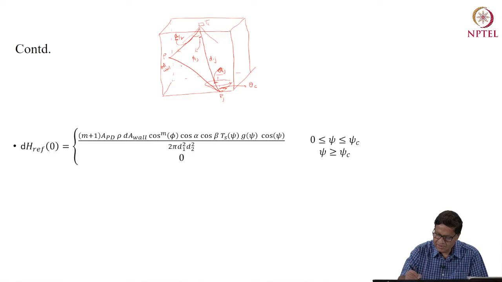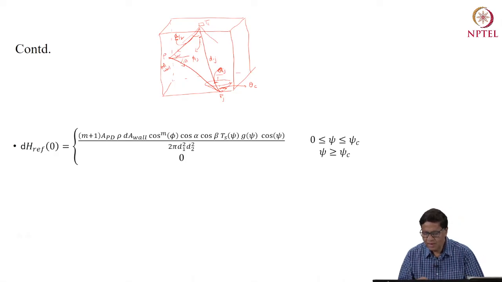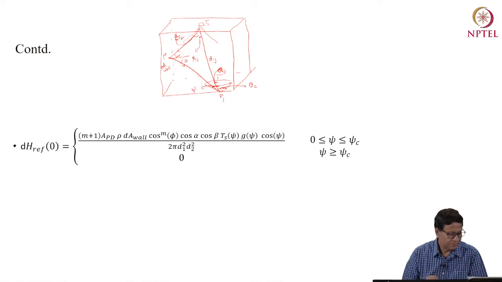This is the direction. And if I draw a perpendicular here, this angle is given by alpha and this angle is given by beta. And the angle which the reflected non-line of sight from the wall makes with the normal, meaning this particular angle, let us represent by psi. And this distance from transmitter to this point on the wall is say D1, and this distance is D2.